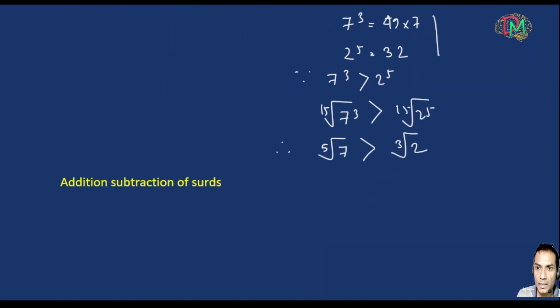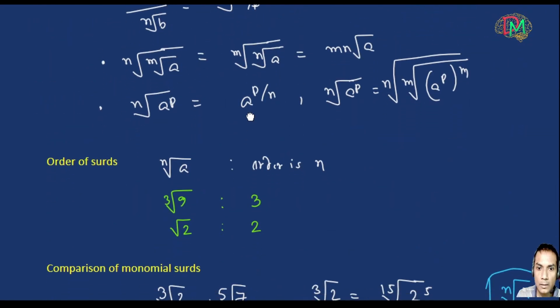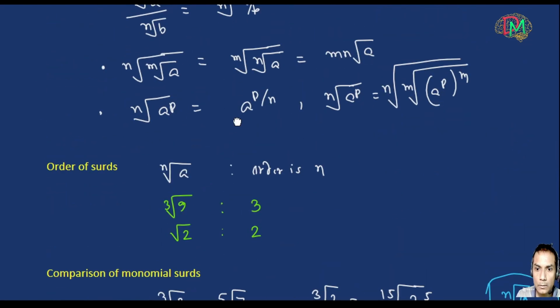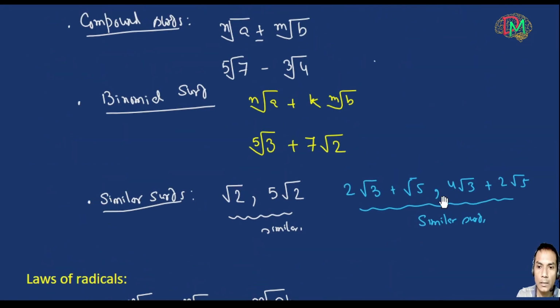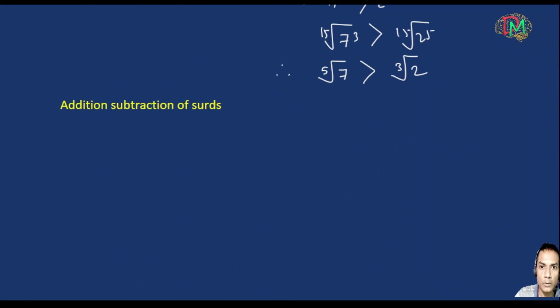I already discussed what similar surds are, and that addition and subtraction are possible between similar surds. For example, if I told you 2 root 5 plus 3 root 5, what will be the value? We can add it actually, 2 plus 3, taking root 5 common, so the answer is 5 root 5. So it is possible.